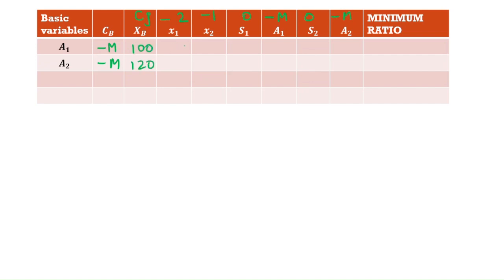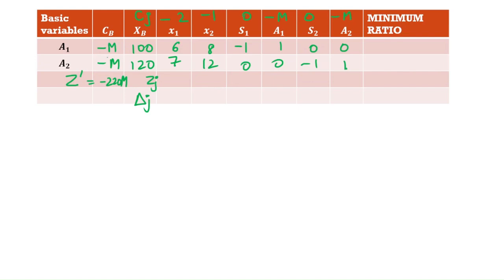So quickly fill in the boxes here, and we are getting it as 6, 7, 8, 12, minus 1, 1, 0, 0, 0, minus 1, 0, 1. So our Z dash is minus 220M.